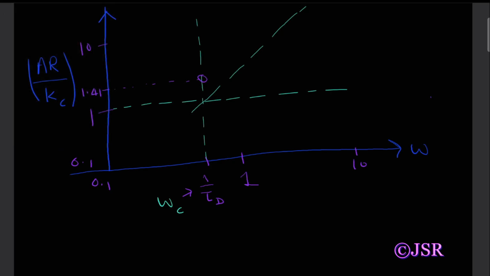So when omega equal to 0, the gain will be 1, and this will further increase and approach to this line.